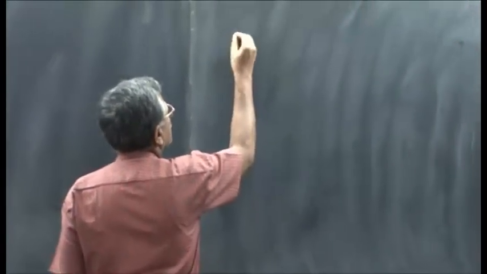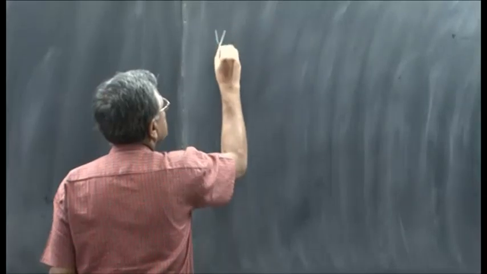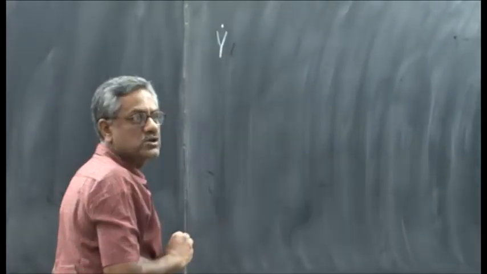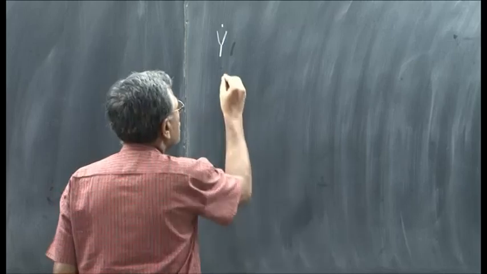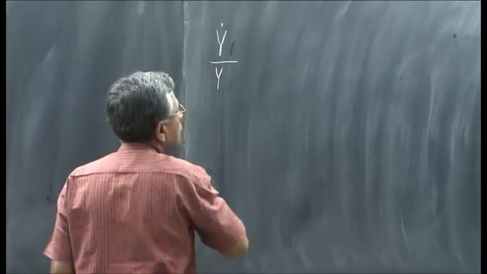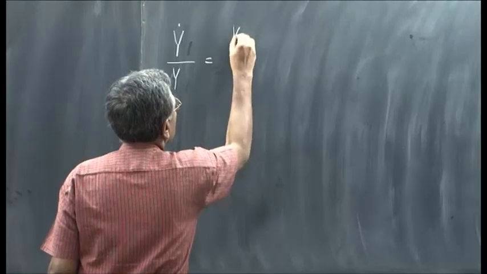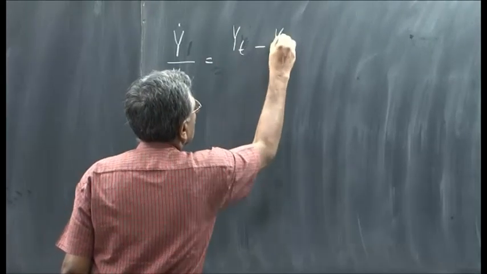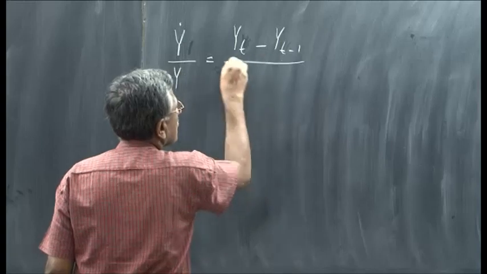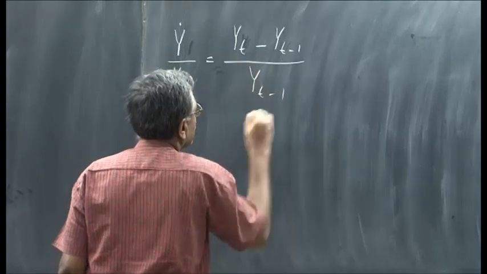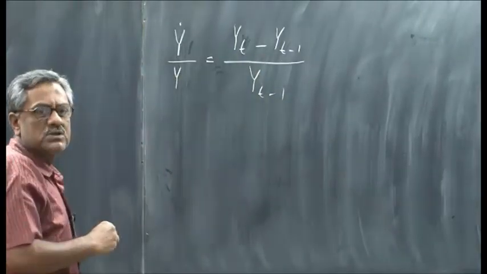So you should correct in the previous diagram what I wrote in the previous class, as rate of change as y dot is not correct. It will be y dot over y, which in discrete time will be yt minus yt-1 over yt-1. This divided by y was missing.